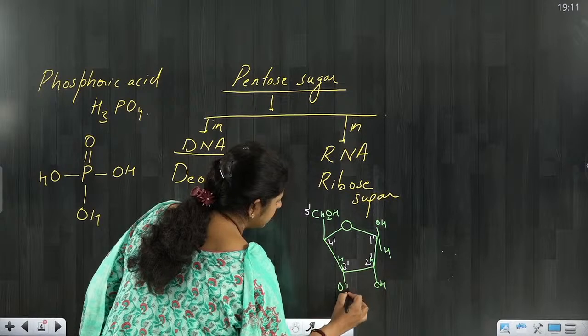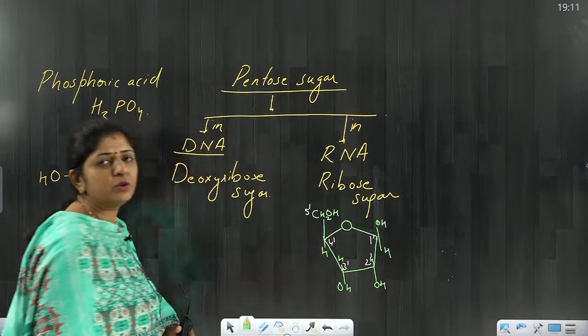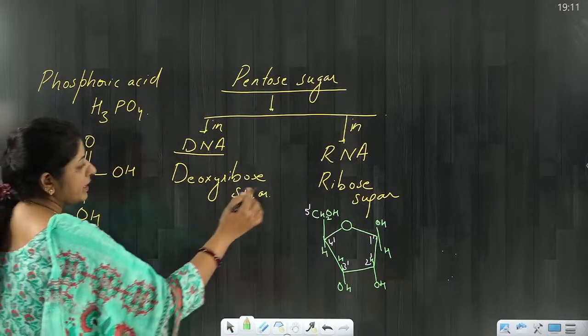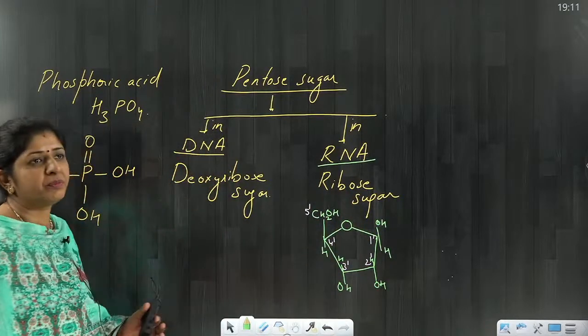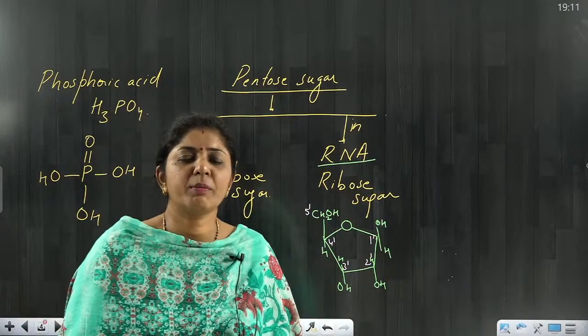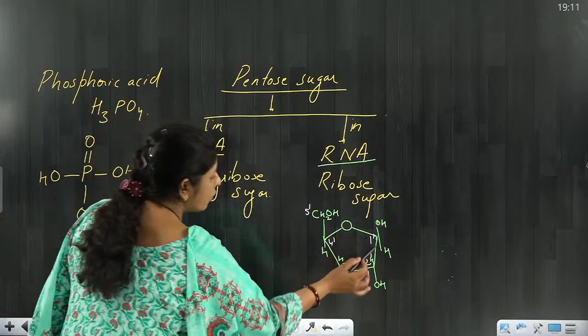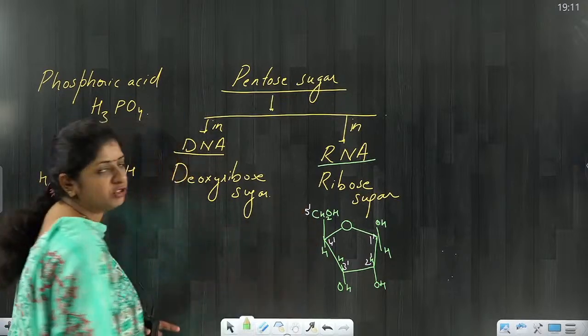Here H and OH, here will be H. I already mentioned, upside is C2 OH. Now, can I say RNA has such a type of ribose sugar, which has how many carbons in the ring? In the ring, it has 4 carbons. Then where is the 5th carbon? This is in a side branch.